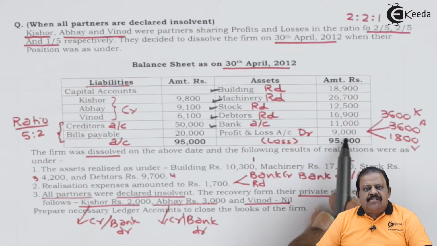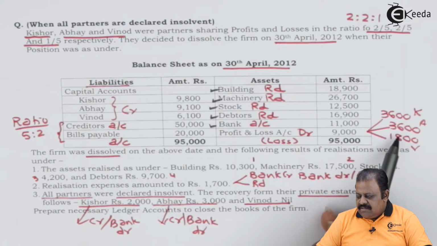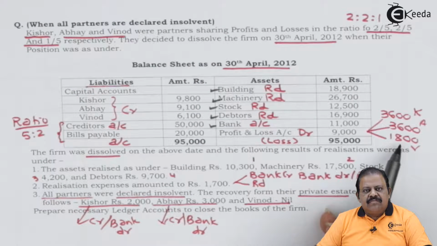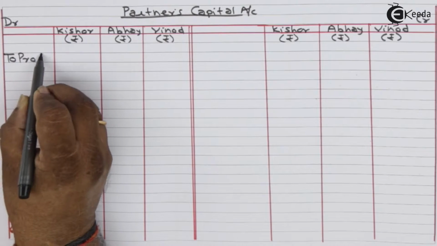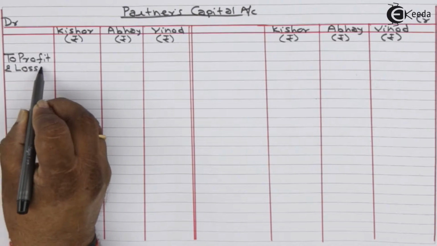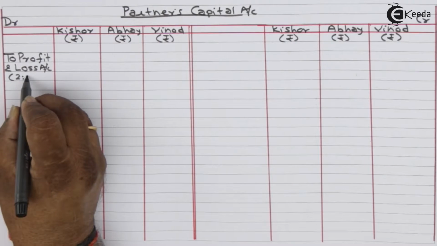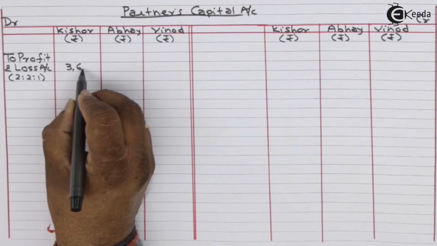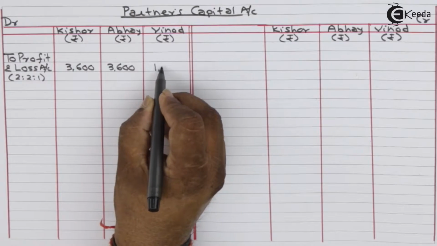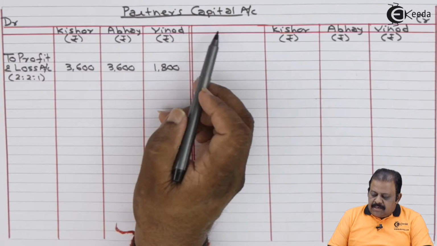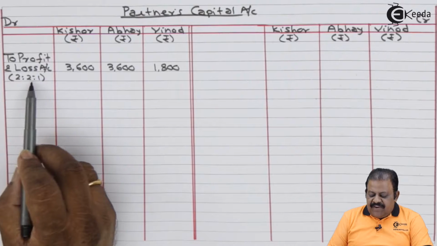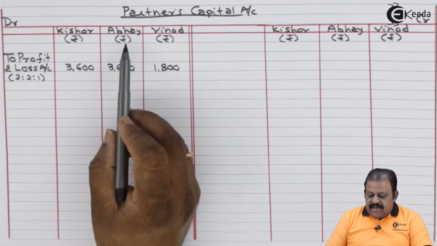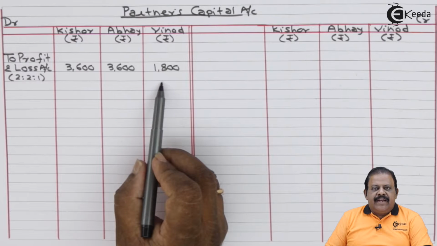This will be transferred to partners capital account on the debit side, in profit sharing ratio, that is 3,600, 3,600 and 1,800 between Kishore, Abhay and Vinod. Partners capital account debit, to profit and loss account. Kishore 3,600, Abhay 3,600, Vinod 1,800.